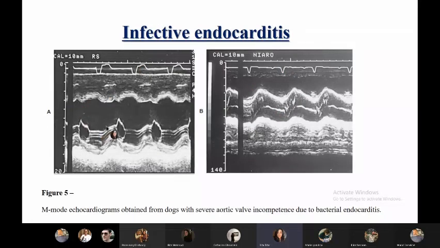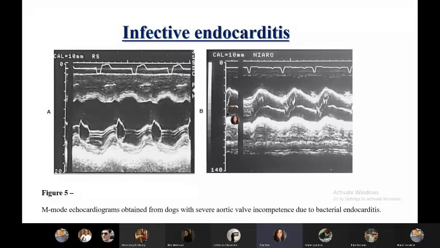A shows a diastolic flutter of the mitral valve and a premature closure of the mitral valve, indirectly indicating a deformity or a problem with the aortic valve, because when there is a premature closure of the mitral valve, it means that there is an increased pressure during systole on the ventricles, meaning that there is regurgitation of blood from the aorta to the ventricles, causing this premature closure.